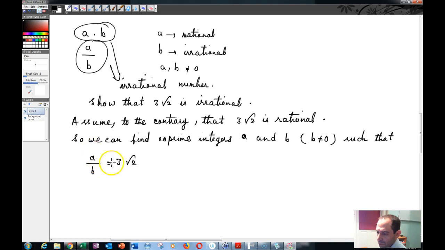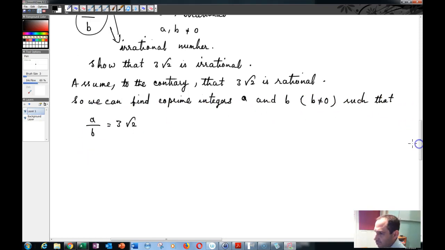Now 3 square root of 2, if you solve for square root of 2, square root of 2 is equal to a divided by b divided by 3, which is equal to a divided by 3b. And this is a rational number because this is some integer divided by some other integer.